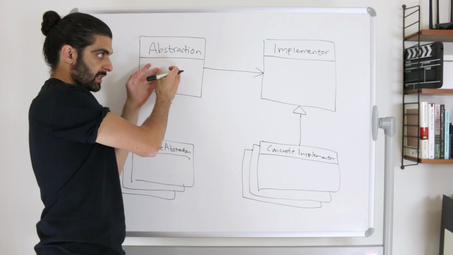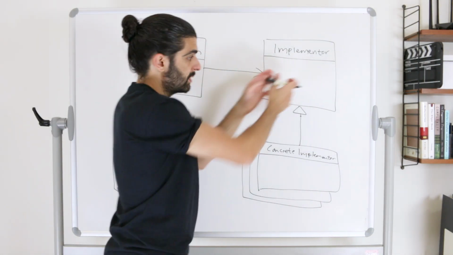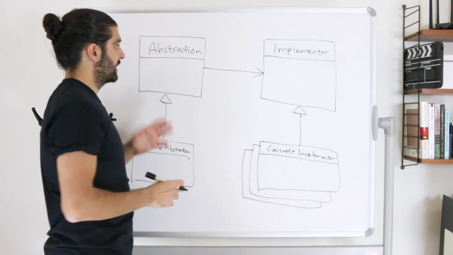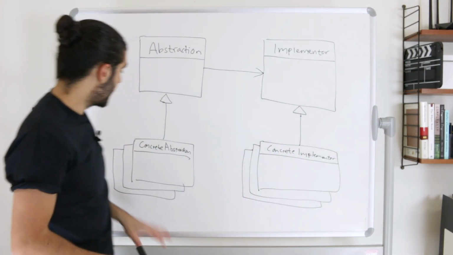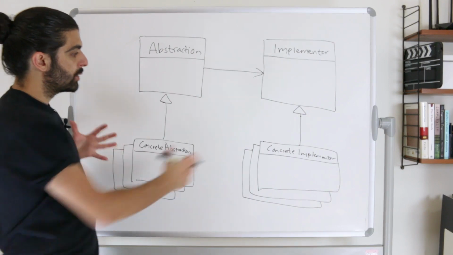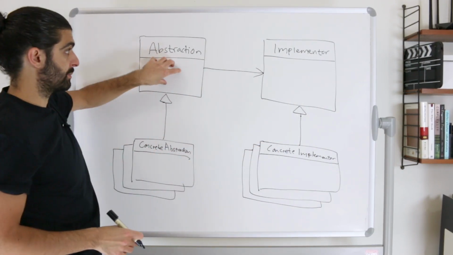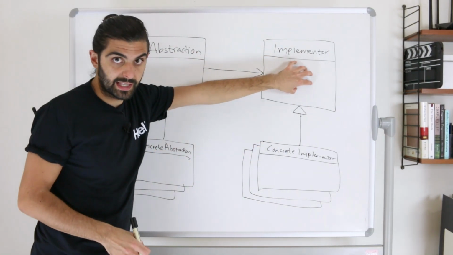So if this is an abstraction and this is an implementation, then they're now decoupled in the sense that you can have any number of implementations and you can have any number of abstractions, and you can pair these up in the sense that an abstraction uses an implementation.